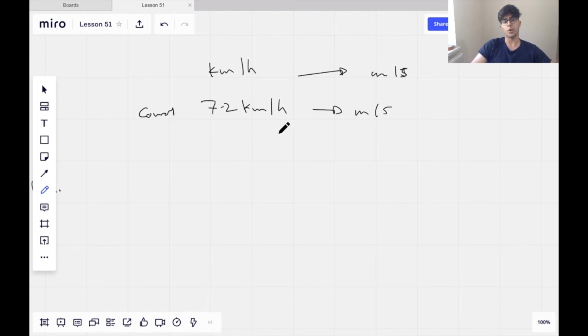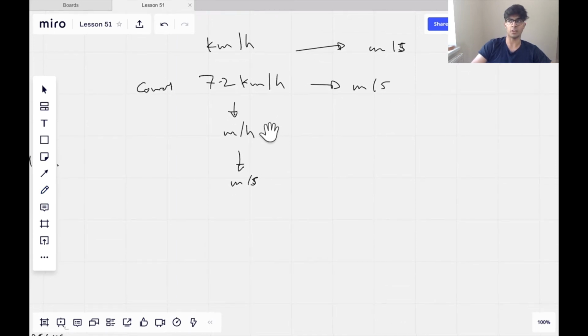The way we approach a question like this is that we need to break it down. Let's convert 7.2 kilometers per hour into meters per hour, and then we can do meters per second. By breaking it down, it just makes our lives a bit easier. We know 7.2 kilometers per hour means you're running 7.2 kilometers in 1 hour.